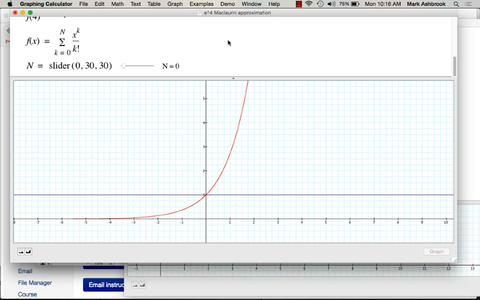So now I have capital N set to 0. So what I'm showing here is what? And I've got k's instead of n's, 0 to 1. So what am I showing? I'm just showing the first partial sum.